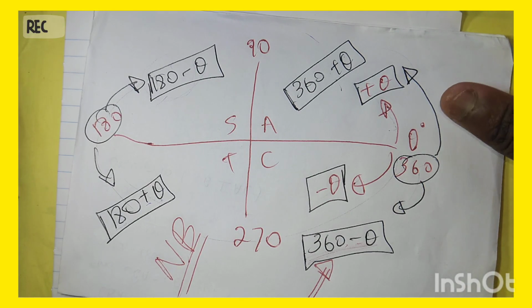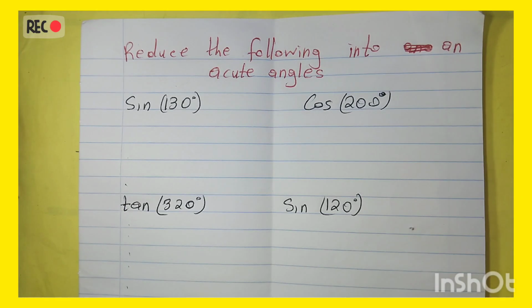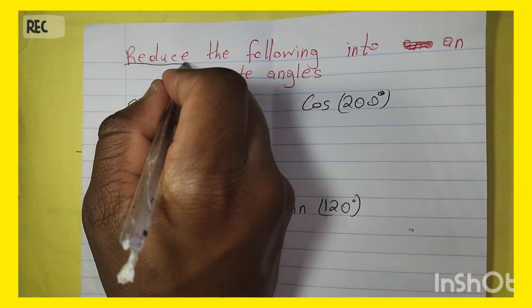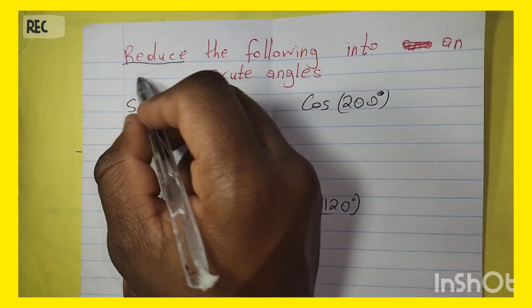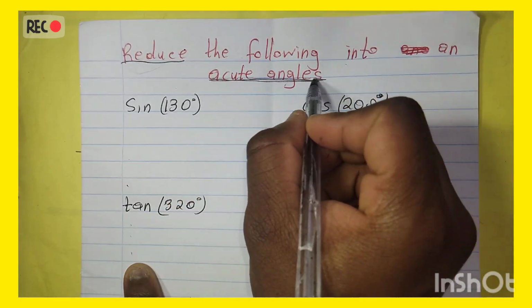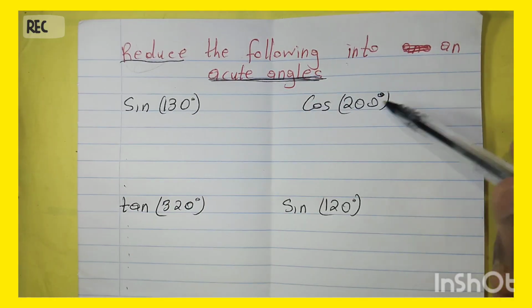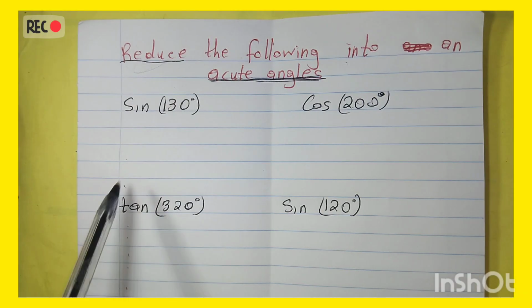So this is the question that we have. From this question, they say to you, reduce the following into an acute angle, meaning decrease the following into an angle which is less than 90 degrees there. So I'll reduce this into an angle which is less than 90 degrees.